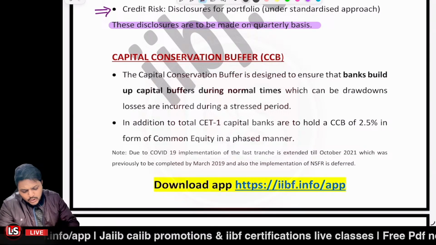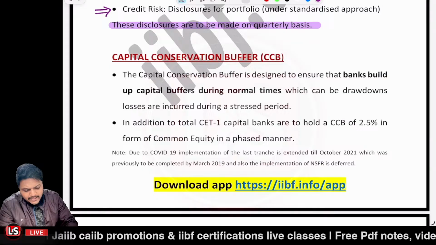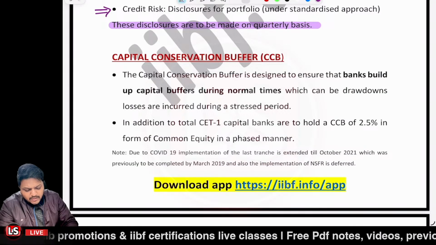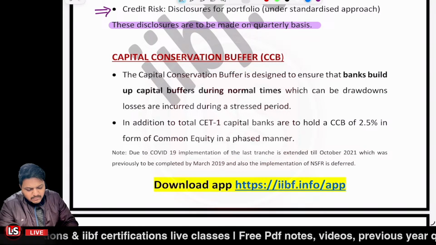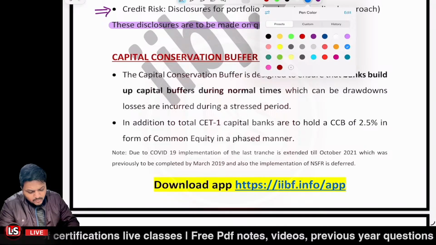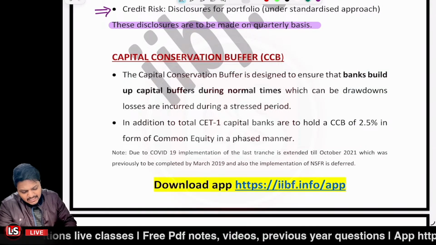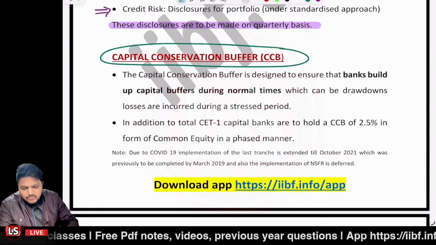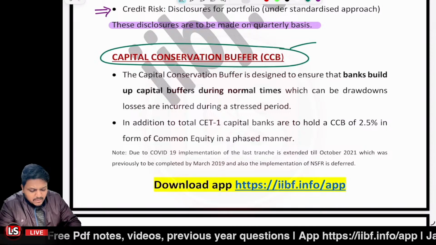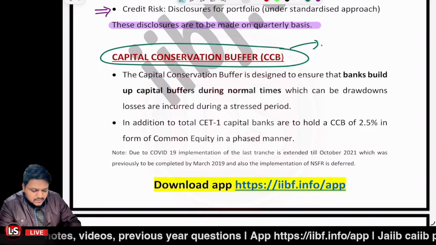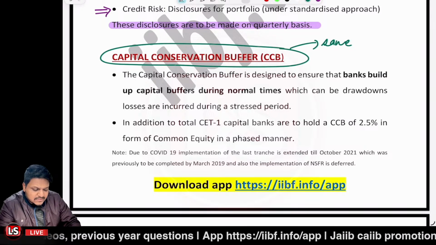When I told you about the classification, I already told you that CCB is to be maintained in the form of CET1 capital. So the same components as CET1 capital would be applicable to the CCB.